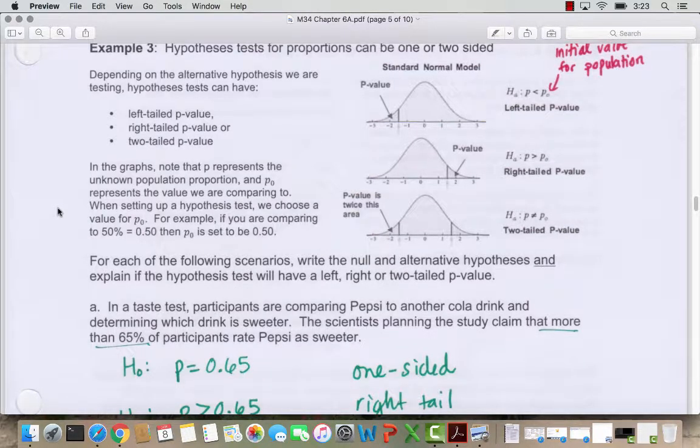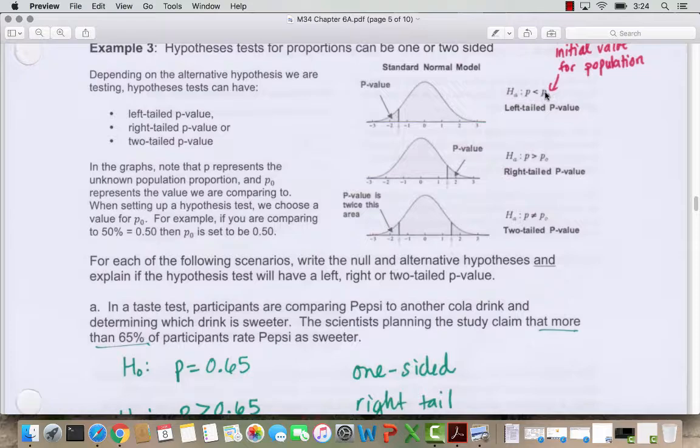We know from chapter 5 we saw a similar diagram. Hypothesis tests can be one-sided or two-sided. So hypothesis tests for proportions, just like hypothesis tests for means, can be one-sided or two-sided. The difference here is instead of using mu, now we're saying P is less than some initial value that we choose.